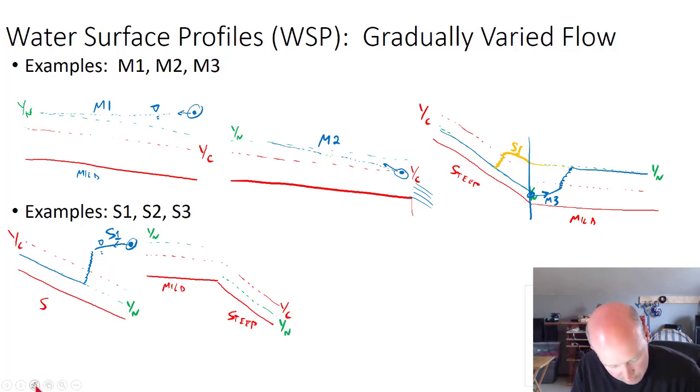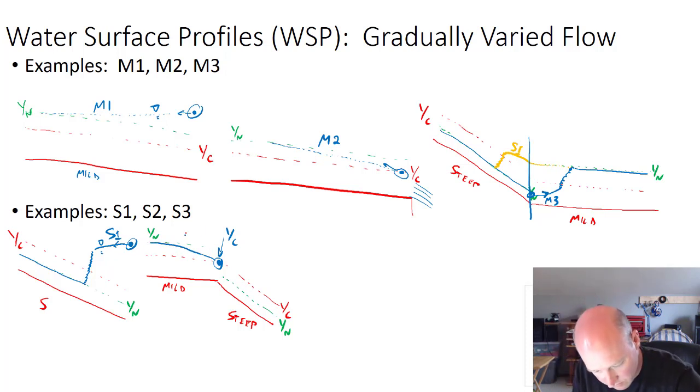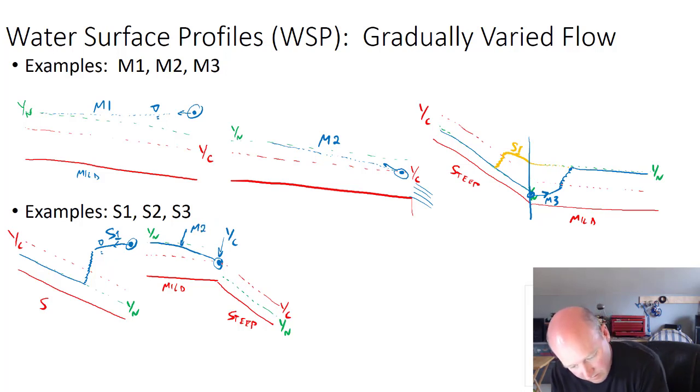And so what will happen is it's going to go through critical right here. And so that's our control point, and we're going to have an M2, sorry, an M2, followed by an S2 curve.